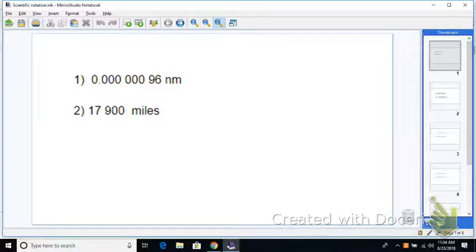I used to show numbers where there'd be a separation of the comma every so many numbers. Why do you think I choose not to show that, or books don't show that? Any ideas?